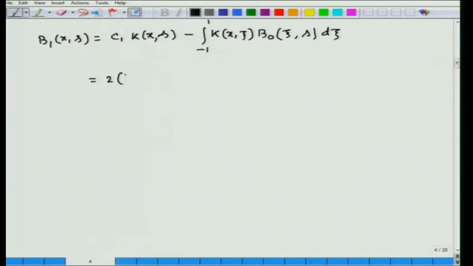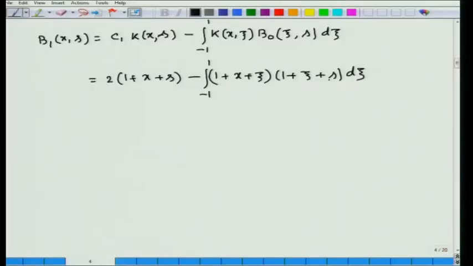So, 2 into (1 + x + s) minus the integral from -1 to +1 of (1 + x + ξ) multiplied with (1 + ξ + s) dξ, because k(x, ξ) is nothing but 1 + x + ξ, and B0(ξ, s) is actually k(ξ, s).